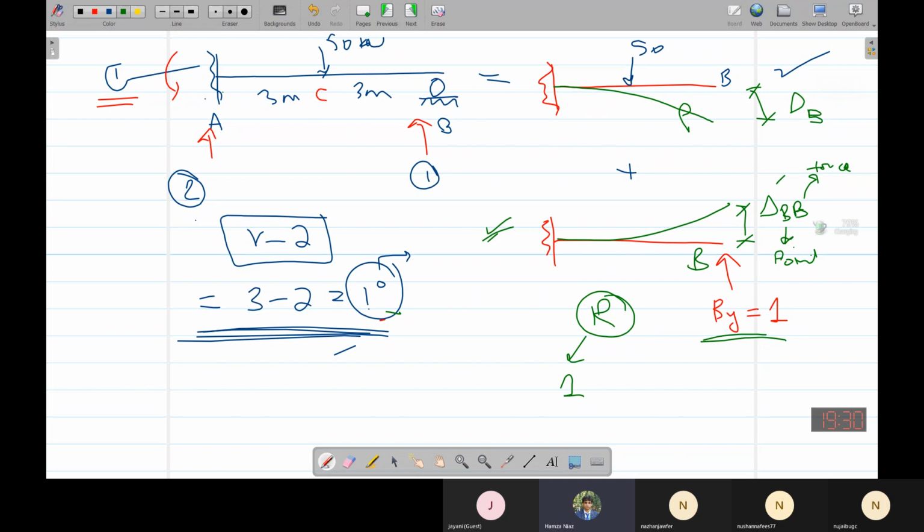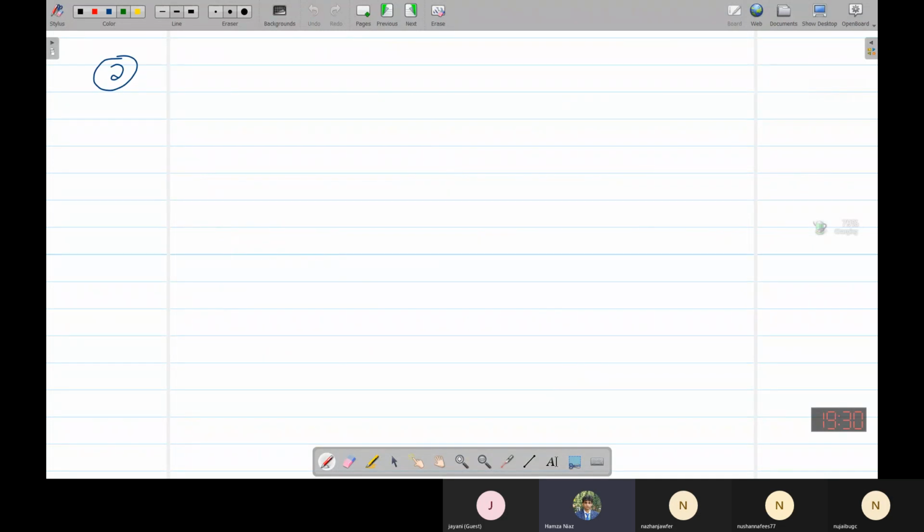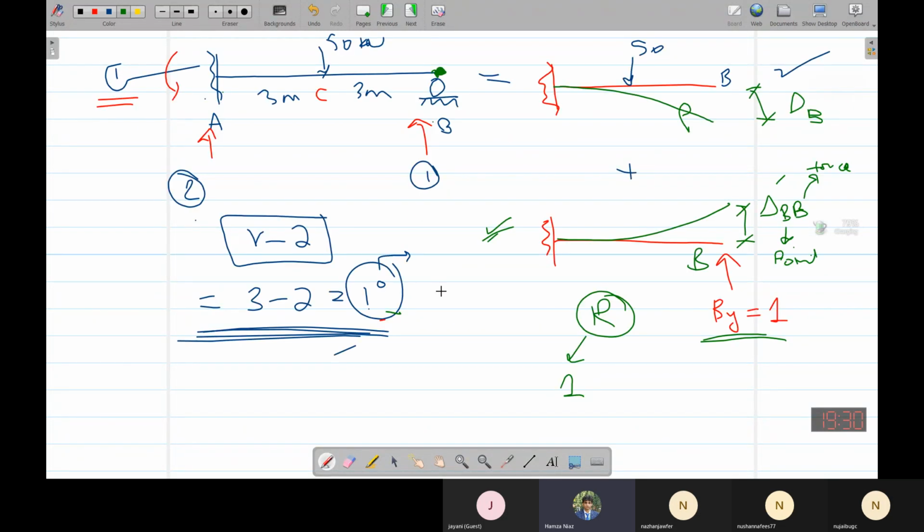We know that in the original question, at the roller support there can be no vertical deflection. A roller support allows horizontal deflection, but it does not allow vertical displacement. So we know that here deflection is 0, here deflection is delta B, here deflection is delta dash BB.